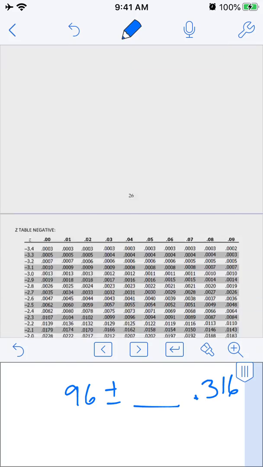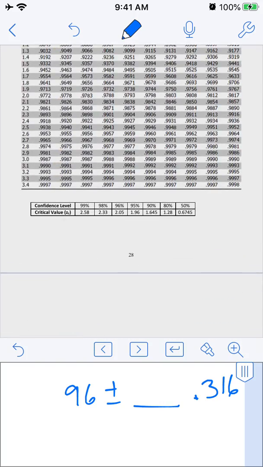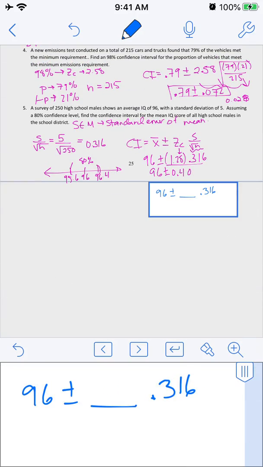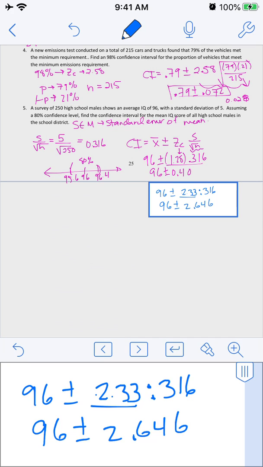What if we were more confident? Let's go down and find 98%. 98% would be, you can't see, 2.33. What if it was 2.33 instead? What would we get? We would get 96 plus or minus 2.646.